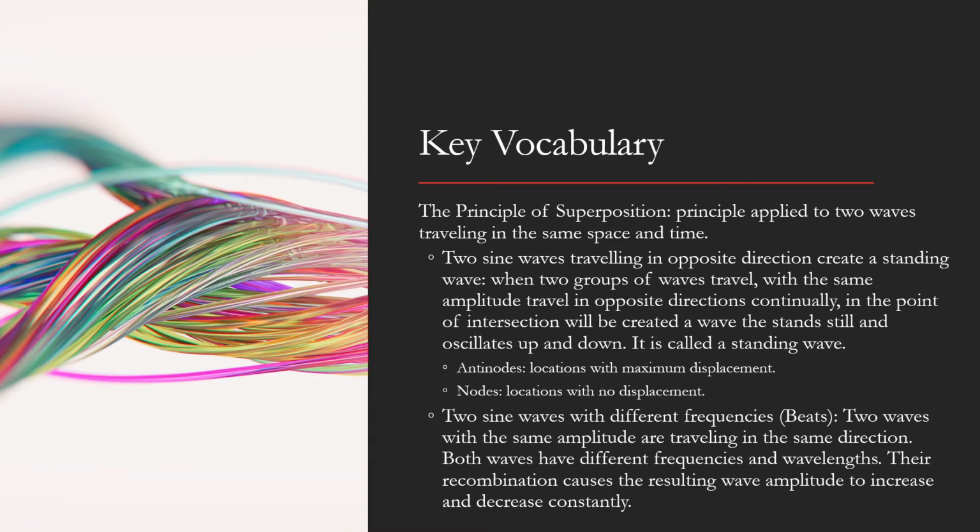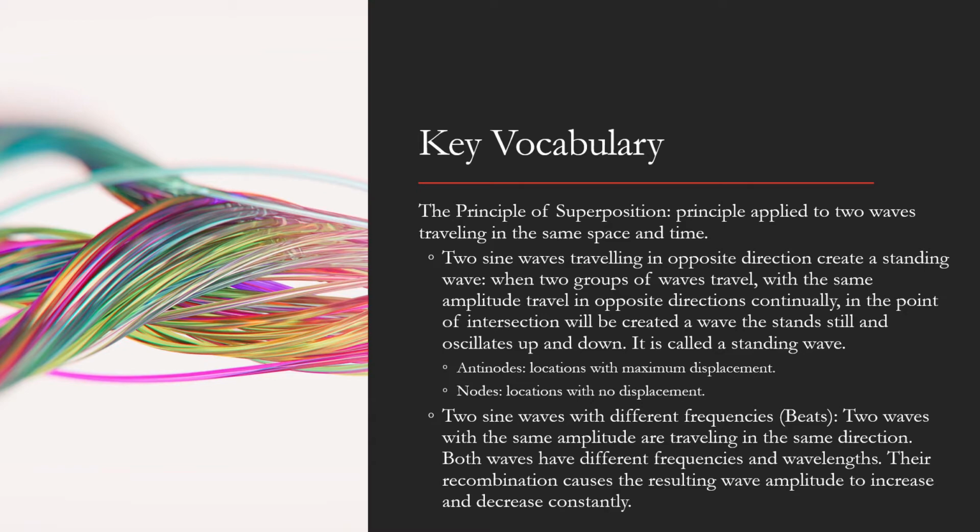The next one: two sine waves traveling in opposite directions create a standing wave. When two groups of waves with the same amplitude travel in opposite directions continually, at the point of intersection a wave is created that stands still and oscillates up and down.